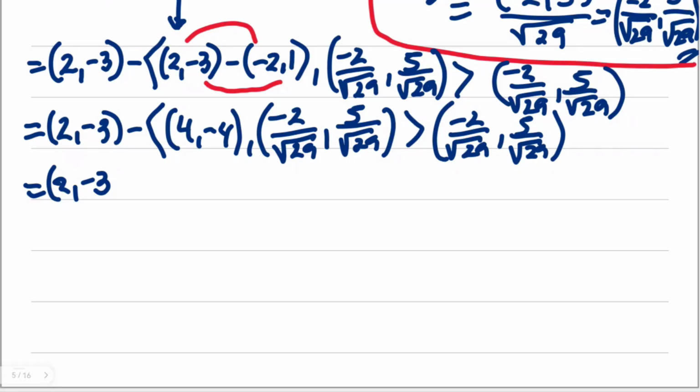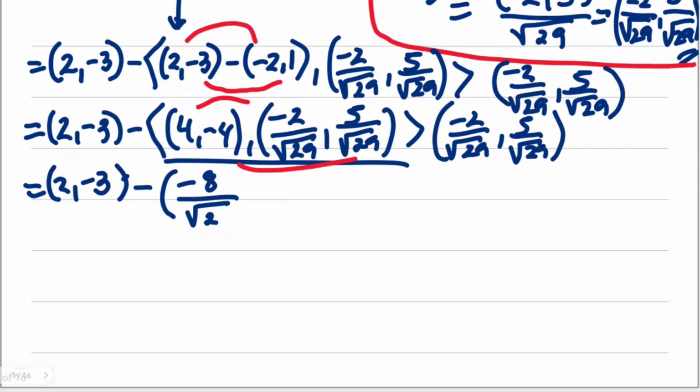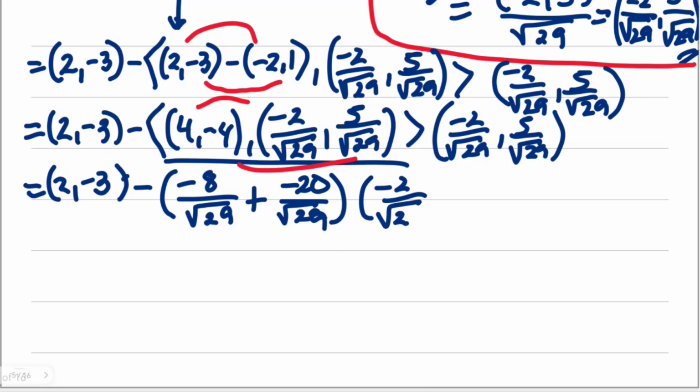This time, inner product. So you're just going to multiply the first components and add with the product of the second components. So that's 4 times -2 is -8 over square root of 29 plus -4 times 5 is -20 over square root of 29. The result is a scalar times your unit normal vector.